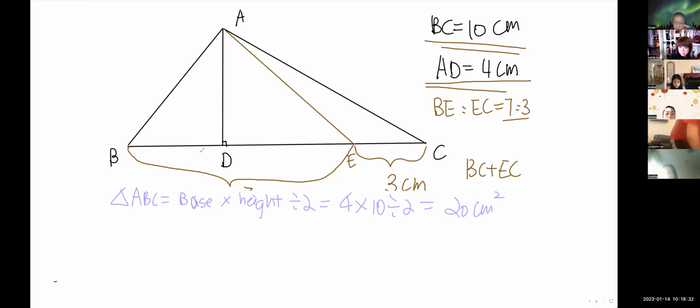And because BE to EC equals 7 to 3, the area of ABE and ACE is also 7 to 3. Why? Because their height is the same. So the ratio of the area equals the ratio of the base. Understand, Ariel?